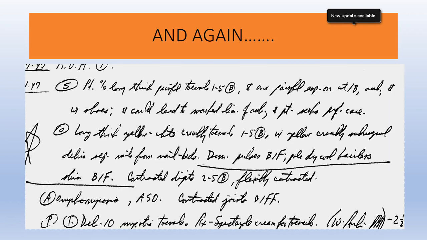Here's another note on the same patient, a different visit, diminished pulses, bilateral, pale, cool, hairless skin, bilateral, with contracted digits. And you'll notice under diagnosis, their assessment is onychomycosis and arteriosclerosis obliterans.